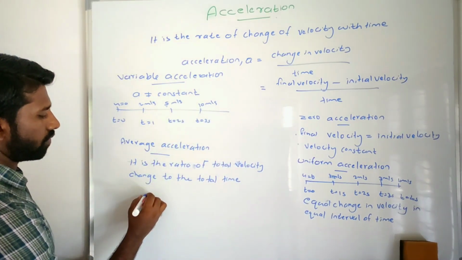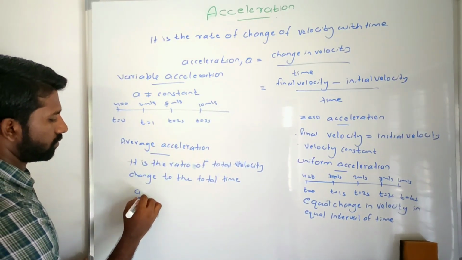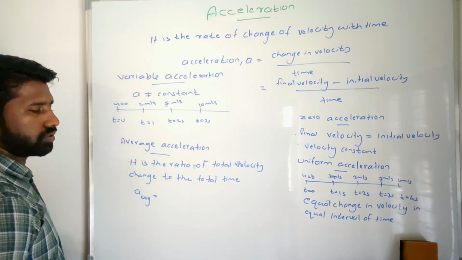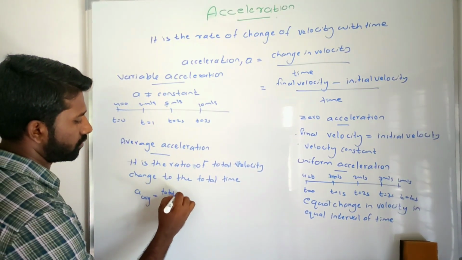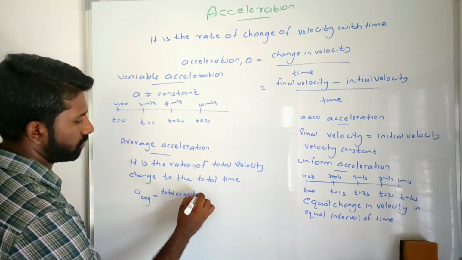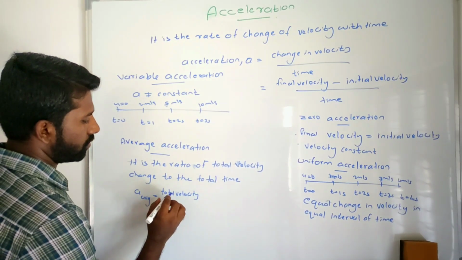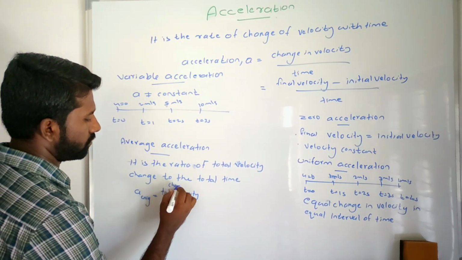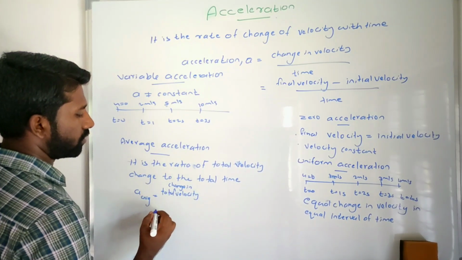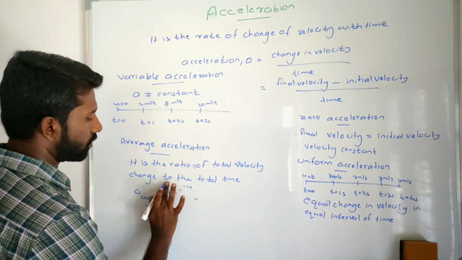How can you find the average? Total change in velocity divided by total time.